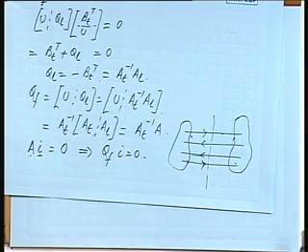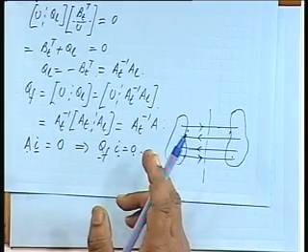Suppose two areas are connected by different tie lines. So the total amount of current going out of the tie lines will be equal to 0, is it not? It is an extended concept of Kirchhoff's current law. So QF into I equals 0.